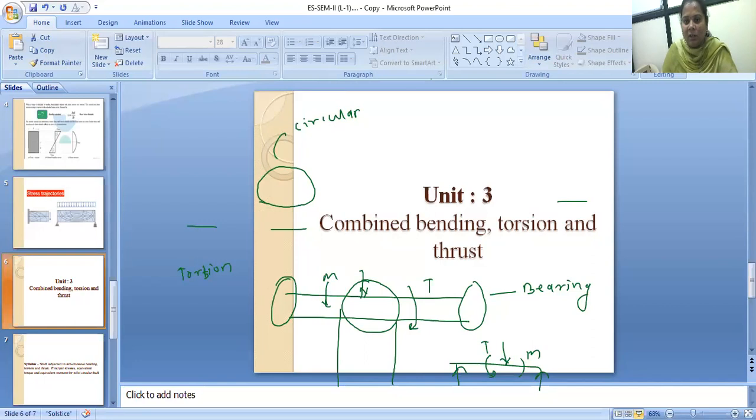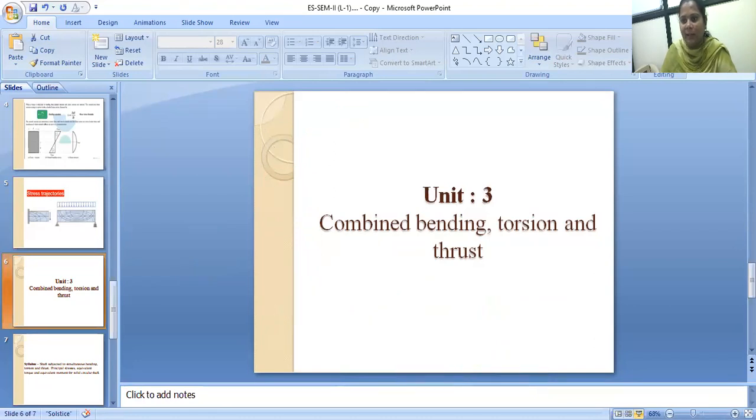Now we will see one by one syllabus. Please write down first point.